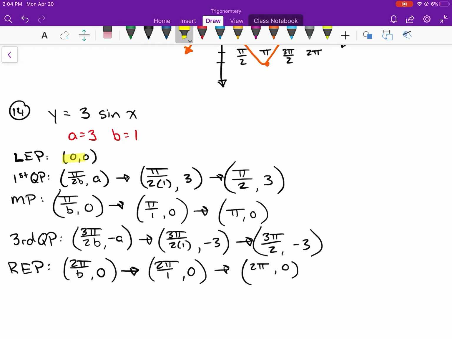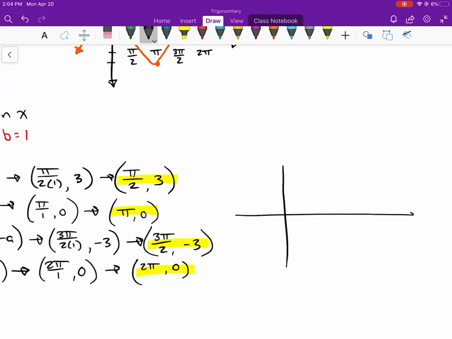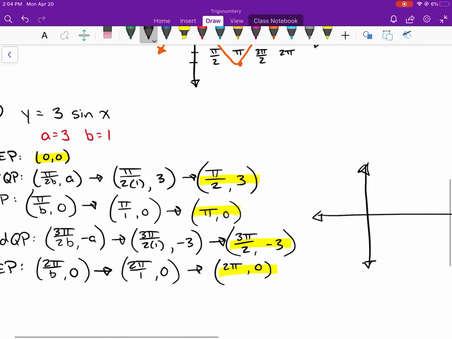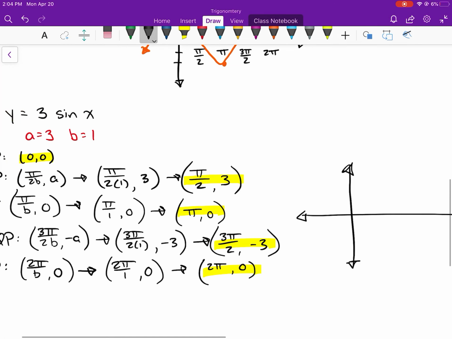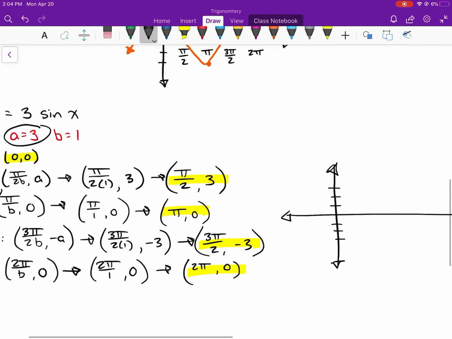So the points we need to graph: left endpoint, we didn't have to do any work to, and our simplified ones for each of these. So again, I'm going to sketch a graph. Doesn't have to be perfect. Alright, my amplitude is 3. So I'm going to do 3 tick marks up and 3 tick marks down. And then my first point's at 0, 0.